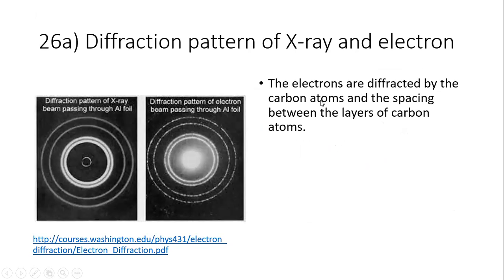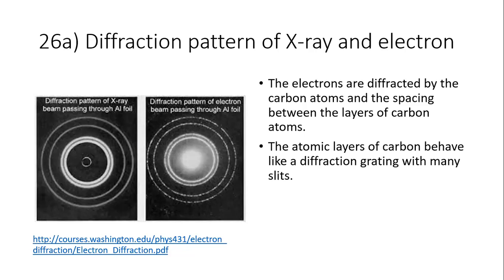Electrons are diffracted by the carbon atoms and the spacing between them. This is trying to explain why: instead of an aperture, now the aperture is the spacing between the atoms. The atomic layers of carbon behave like a diffraction grating with many slits.